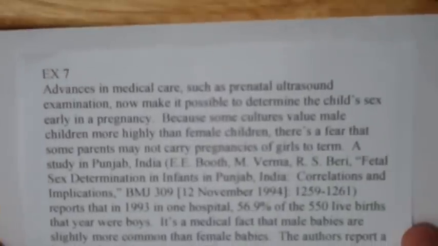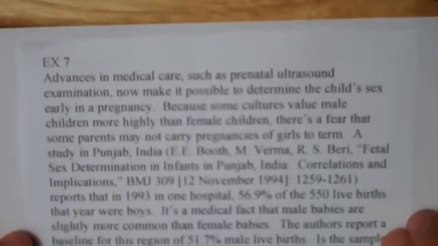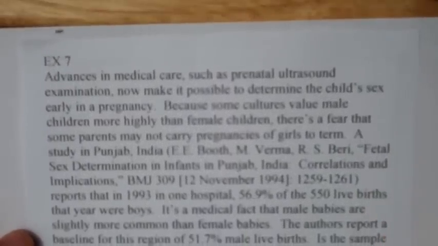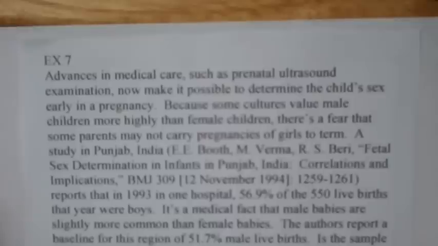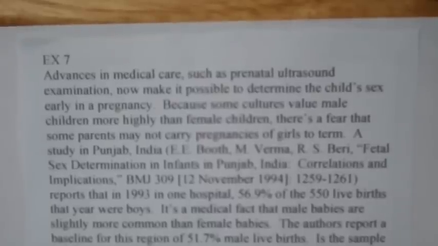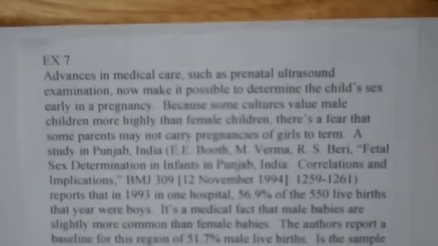The last example, example 7. Advances in medical care, such as prenatal ultrasound examination, now make it possible to determine the child's sex early in a pregnancy. Because some cultures value male children more highly than female children, there's a fear that some parents may not carry pregnancies of girls to term.